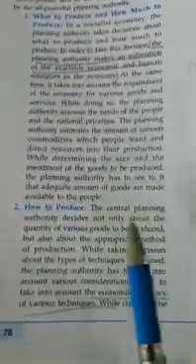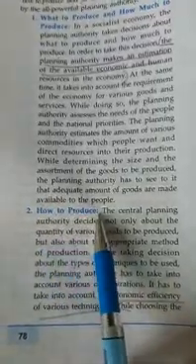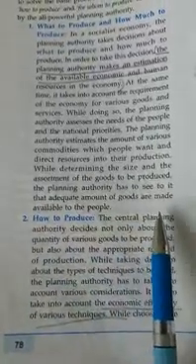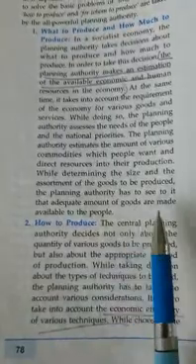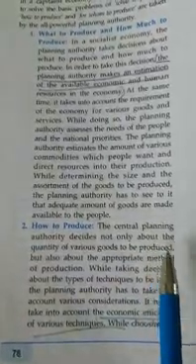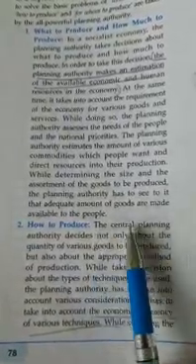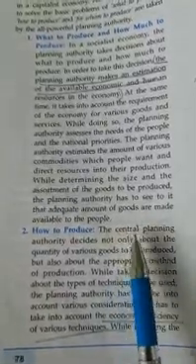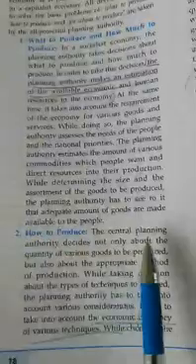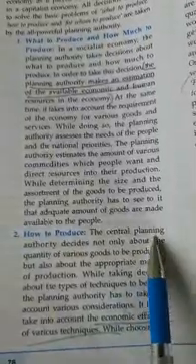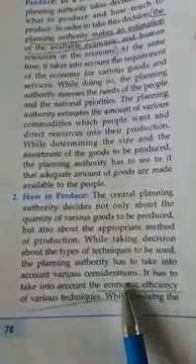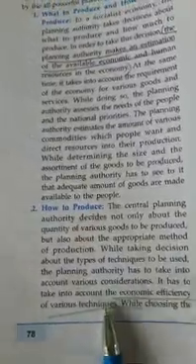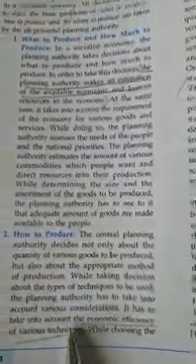Then the next, how to produce: which technique should be considered while producing goods and services. Again the answer is that this will also be done by the centrally planned economy, by the central authorities or the central planners. They will decide that the most efficient technique, the technique which is cheapest, the technique which will fulfill the social objective, will be selected.